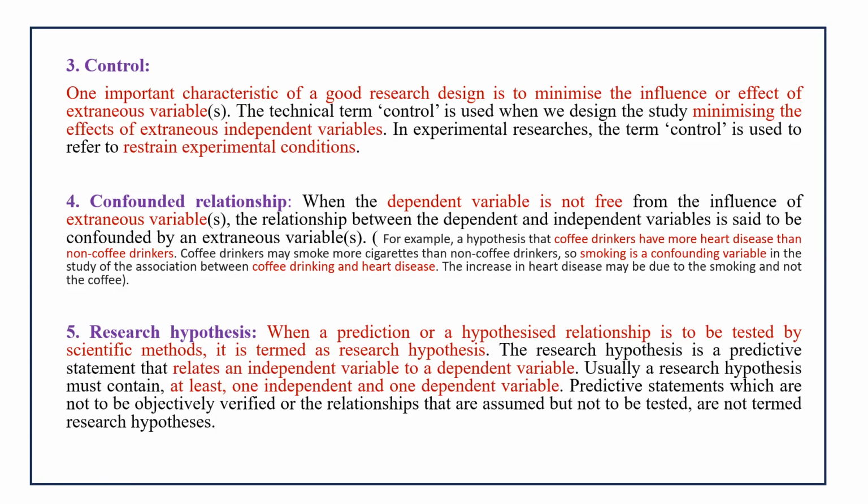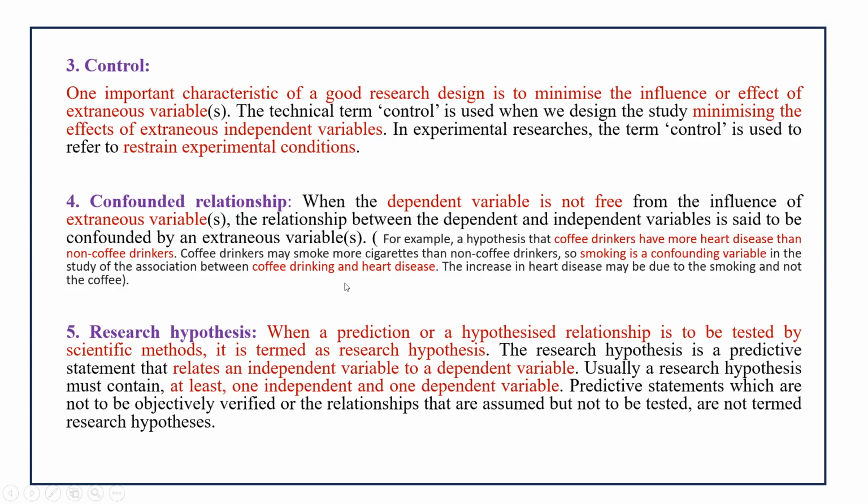Because it may be that coffee drinkers smoke more cigarettes than non-coffee drinkers. And so smoking here is in a confounded relationship. It is related both to the disease and to the coffee-drinking people.